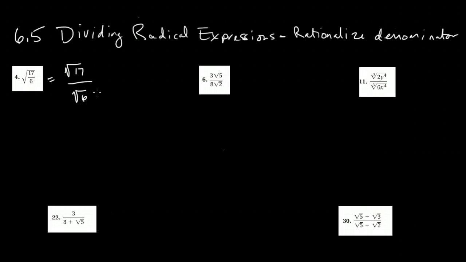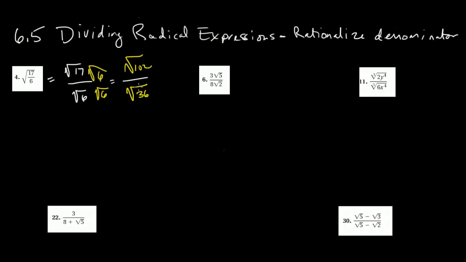It's just as easy to multiply the numerator and the denominator by radical 6. In the denominator, radical 6 times radical 6 is, we'll just say radical 36 for now, and 17 times 6 will be radical 102.